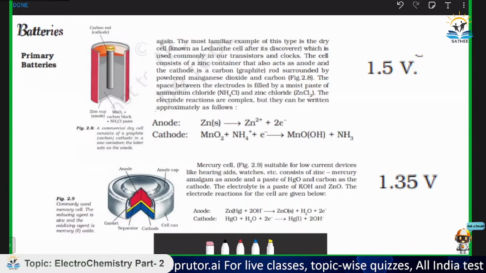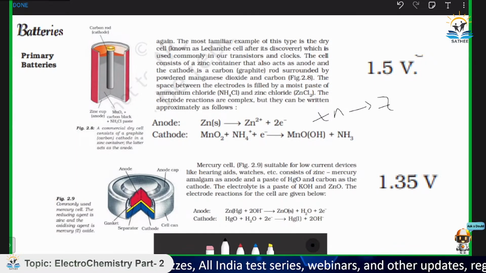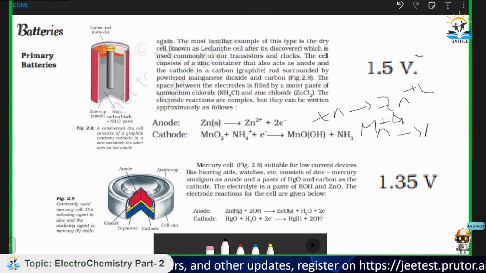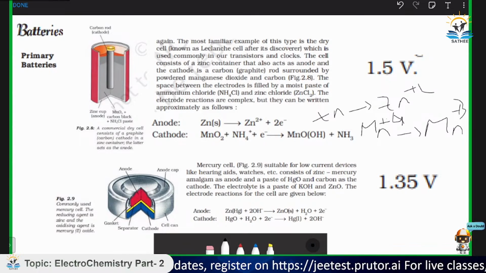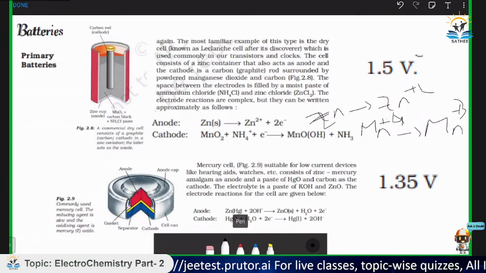Cathode reaction: MnO2 plus NH4 plus electron gives MnOOH plus NH3. Which పెట్టుకోవాల్సినవి: your zinc turns to zinc plus 2, that's oxidation. Mn plus 4 reduces to Mn plus 3. ఎక్కువ ఊడ్చిపెట్టుకోవద్దు, this is enough. So that's the Leclanché cell thing.